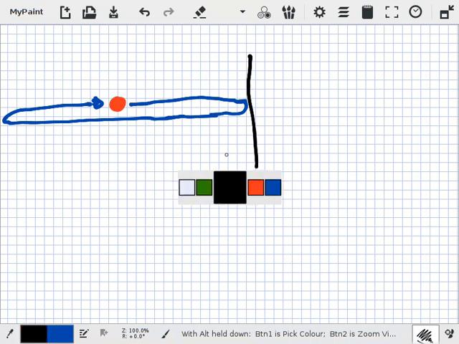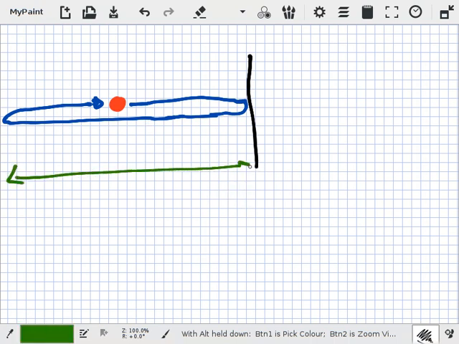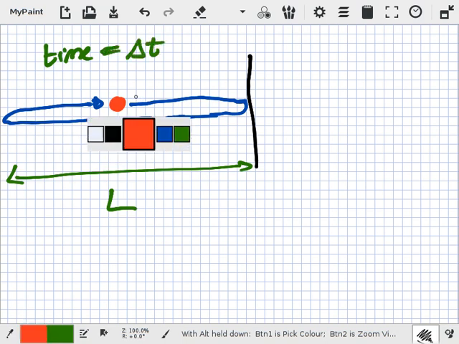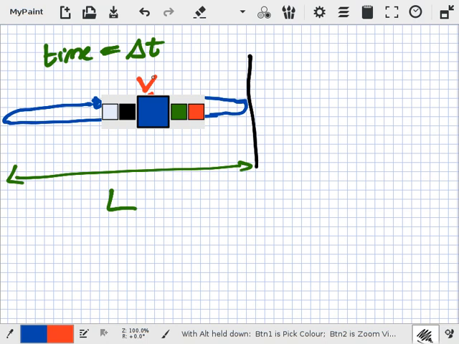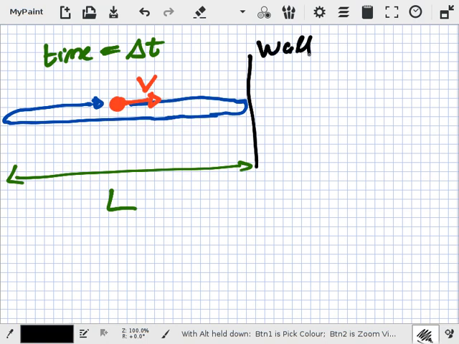We'll call the distance L, and we'll call the time delta T. At the beginning, it's heading in with a speed of V. Okay so far? This is the wall of the container the gas is in.